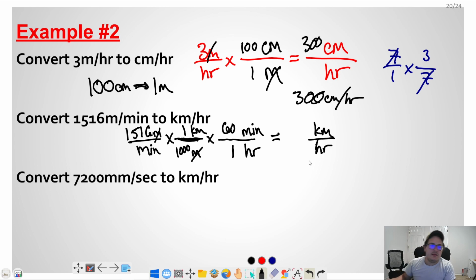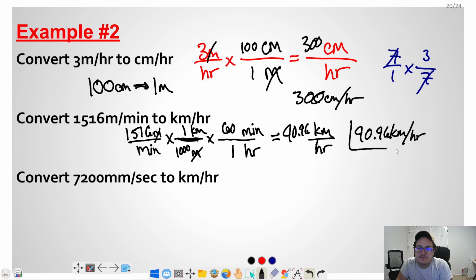So on my calculator, we're going to punch this in. I'm going to type in 1516 divided by 1,000 times 60, 90.96 kilometers per hour. So 90.96 kilometers per hour. Okay.